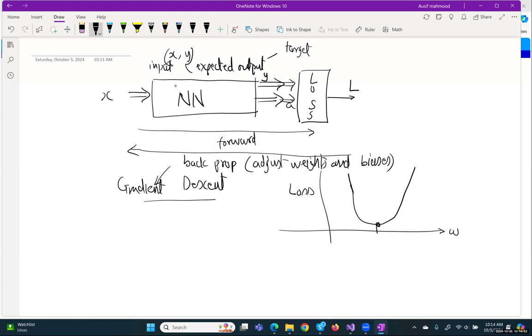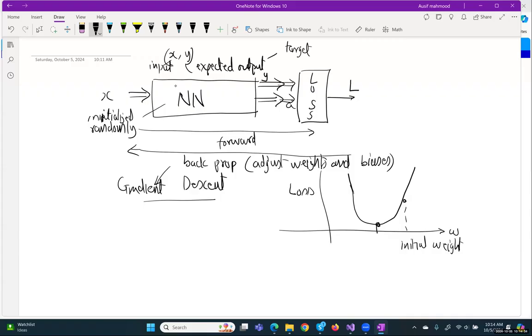So in the neural network, the weights are initialized randomly. Which means our starting weight could be over here. So this is our initial weight. Or it could be on the left side, so it doesn't matter.